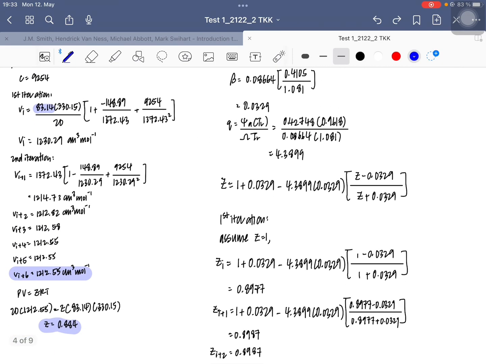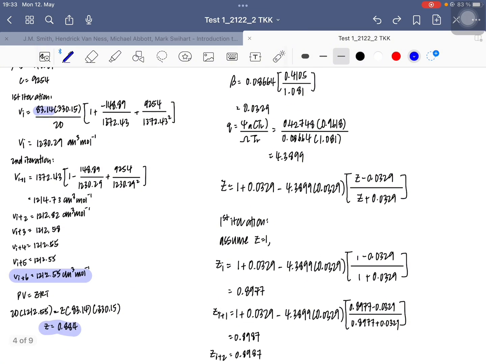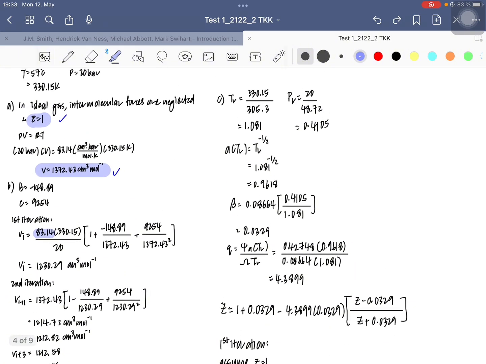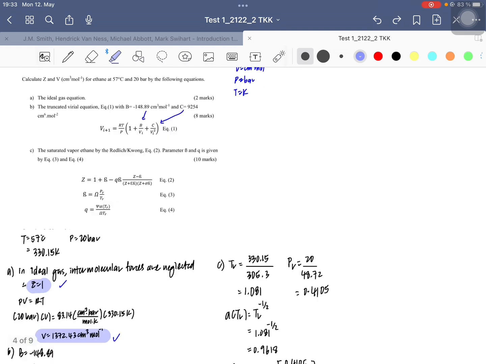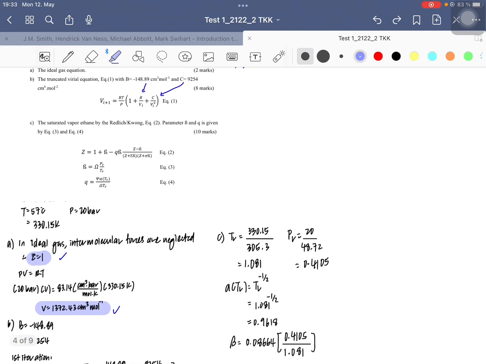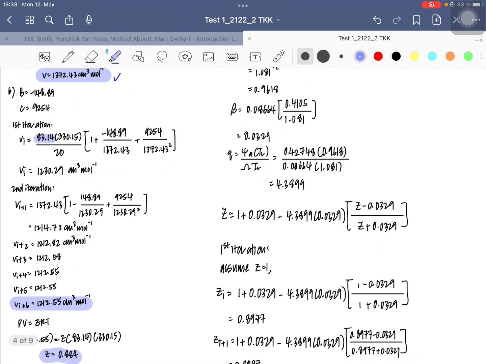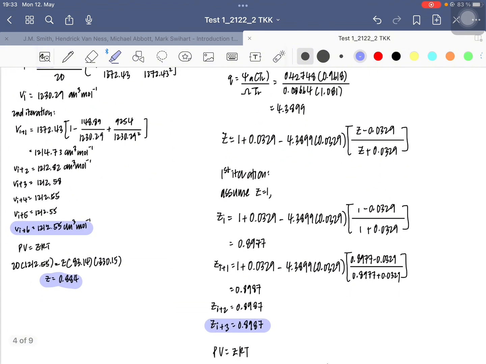I'll try to plug in a video of the calculator pressing, so you'll get familiar with iterations. It's just a matter of changing the values. The first value of V I get is 1230.29, and then I plug that back into this V i and this V i, and keep pressing the calculator until I get this constant value of 1212.55.